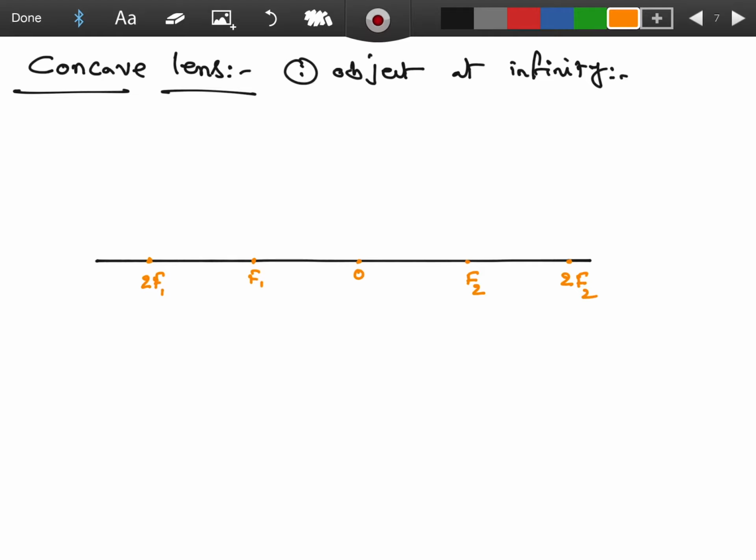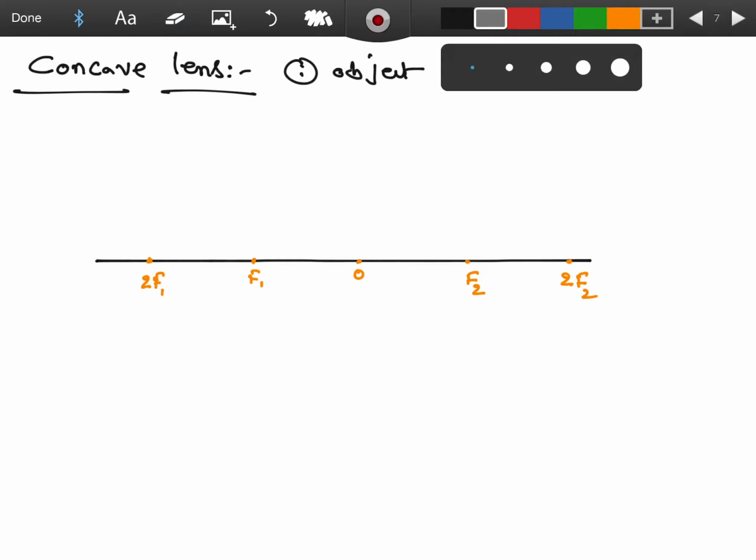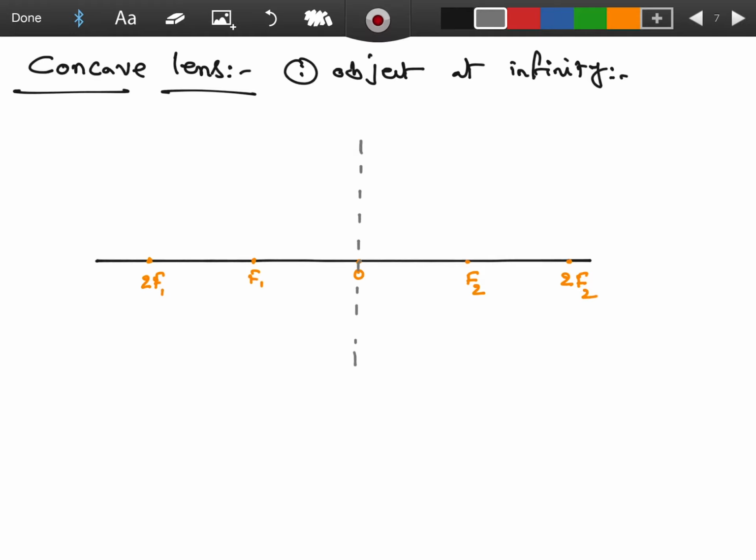Now object at infinity, the light rays will come like this, parallel to the principal axis. After refraction for the concave lens, they appear to diverge from one point. This is not a converging lens, this is a diverging lens, the concave lens. The light rays appear to diverge from this point like this.